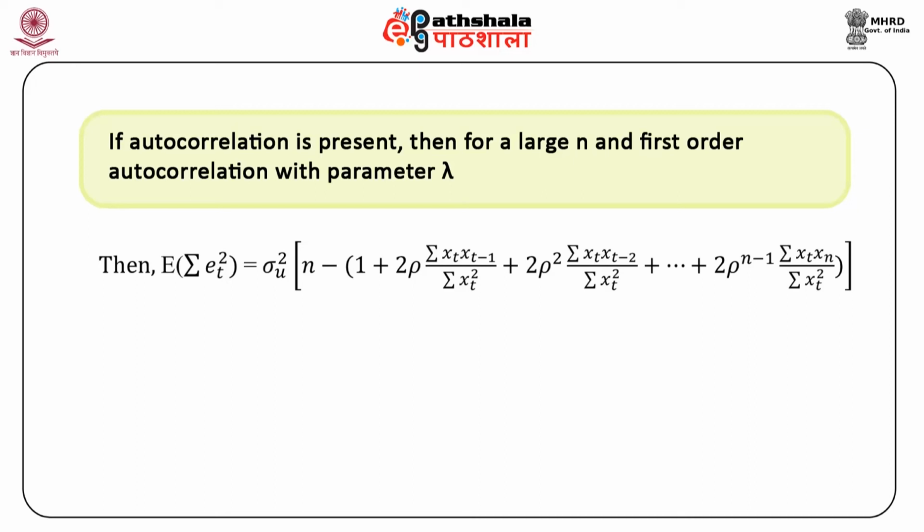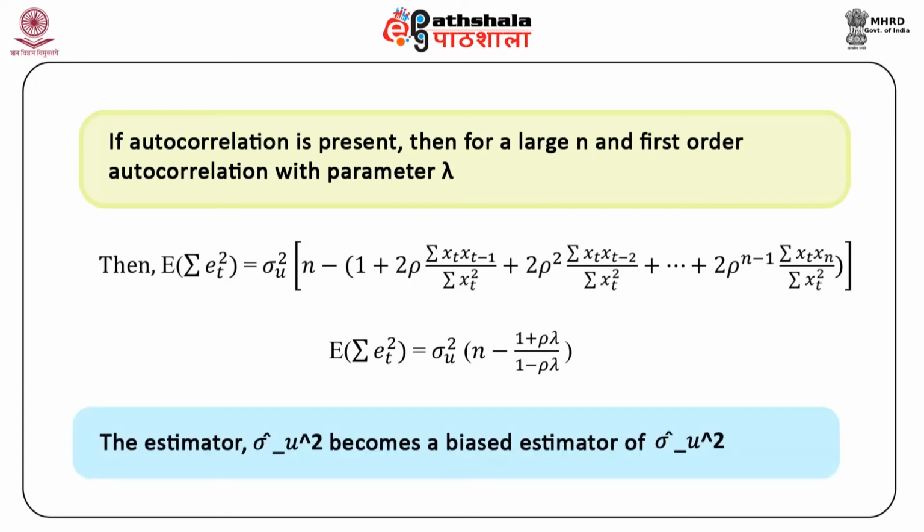Then the expected value of sigma et square is equal to sigma u square into [n minus (1 plus rho lambda) upon (1 minus rho lambda)], in which case the estimator sigma u hat square becomes a biased estimator of sigma u square.